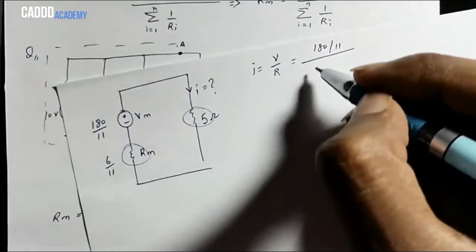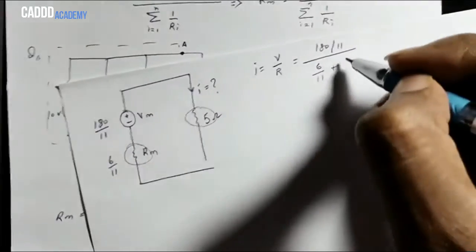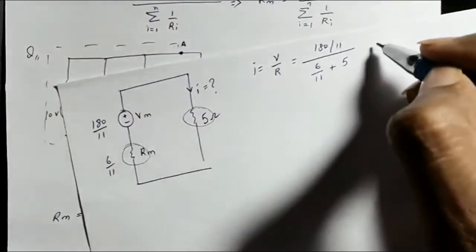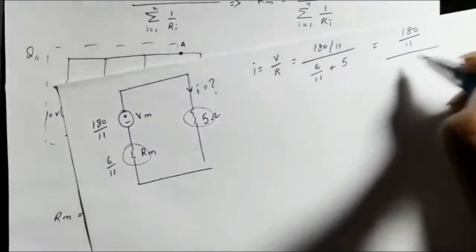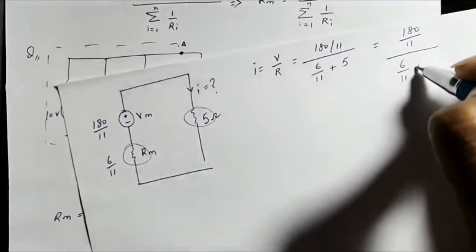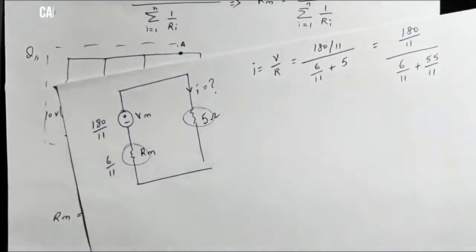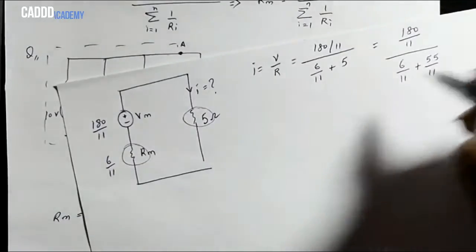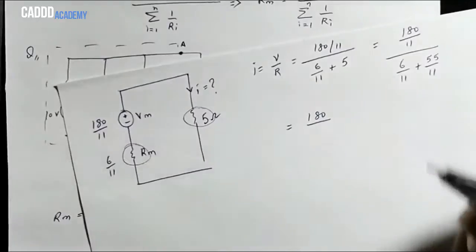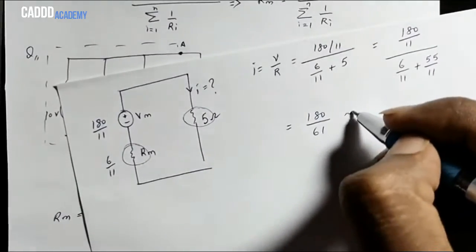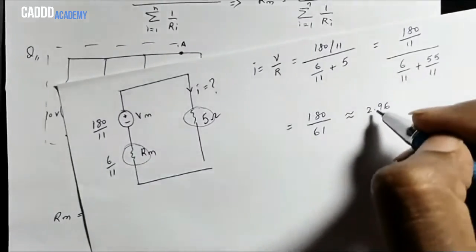So it will be 6 by 11 plus 5, so it will be 180 by 11 divided by 6 by 11 plus 55 by 11, and that will be 180 by 61, which is approximately equal to 2.96.